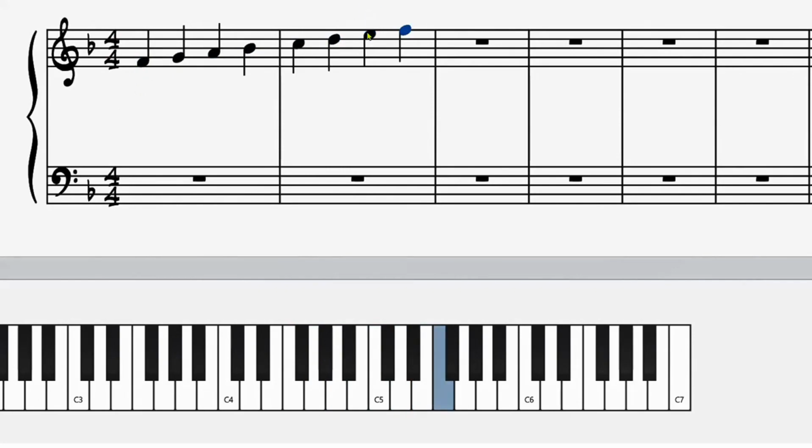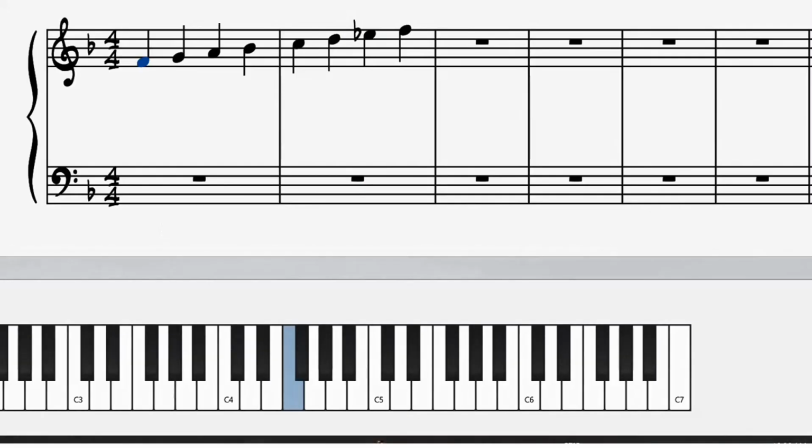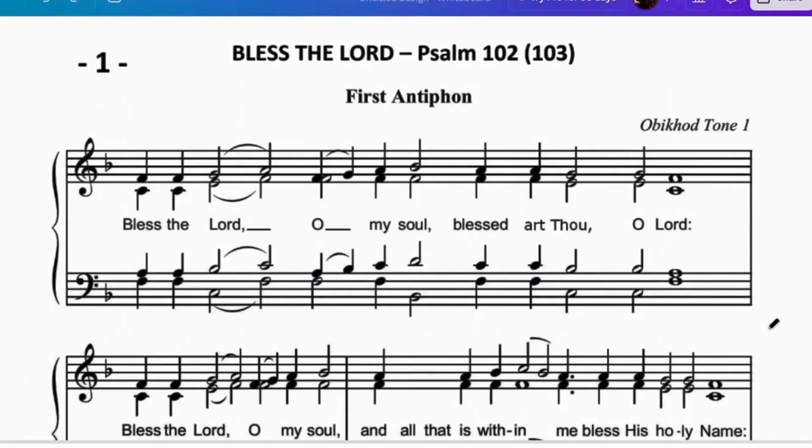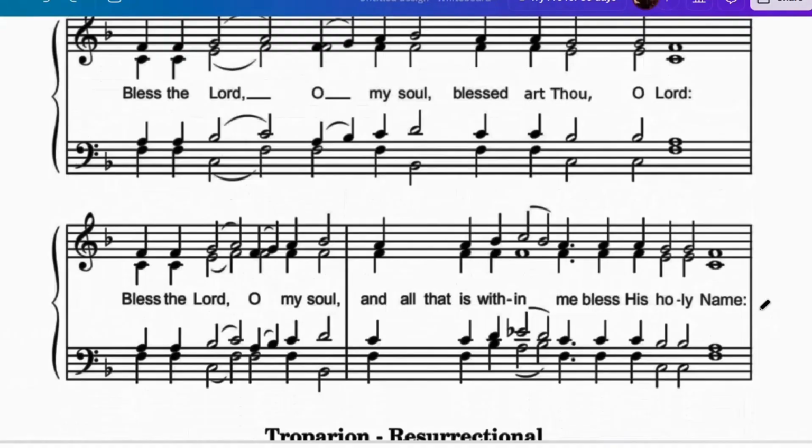Well, what they did is they took the 7th degree and they flattened it. They didn't do it every time, just a couple times, and only when the tenor is singing in these two instances that I found. So if we were to play the scale like that, it would sound like this, which sounds a little bit awkward, but the effect that it gives is actually pretty cool when it's sung with the rest of the voices.